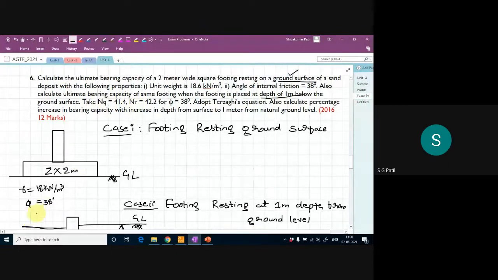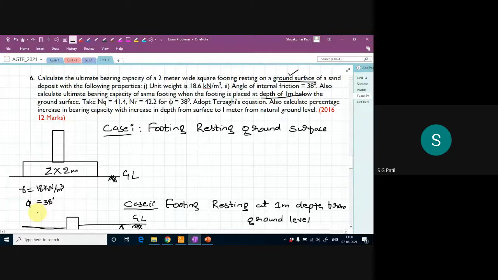NC they have not given because this soil doesn't have any cohesion. It is a pure cohesionless soil, so C is 0 and NC will become 0. That's why they have not given an NC value.